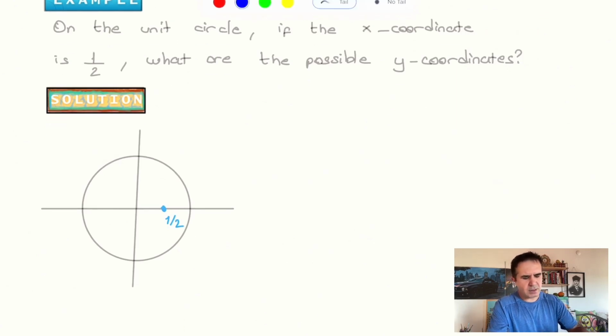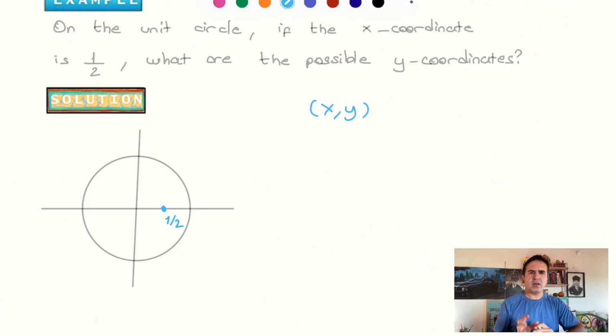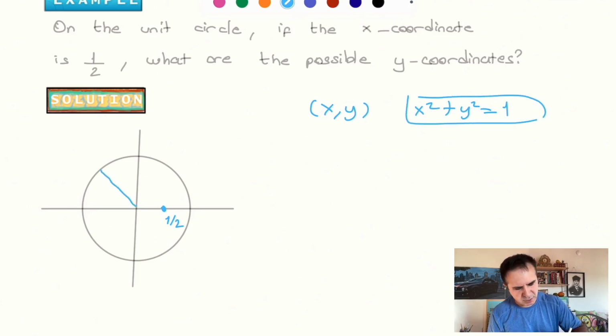Actually, on the unit circle, every point x and y must satisfy the equation x squared plus y squared equals 1, because the radius of the unit circle is 1.